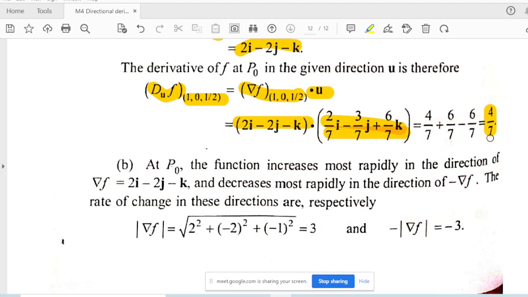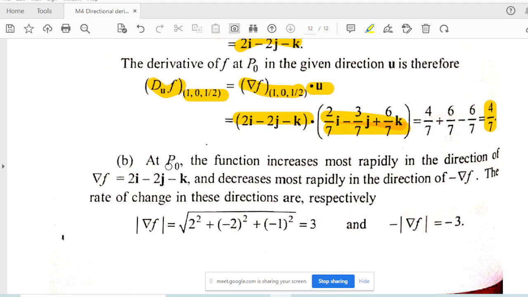That is the answer. As we did earlier, at p naught the function increases most rapidly in the direction of grad f and decreases most rapidly in the direction of minus grad f.